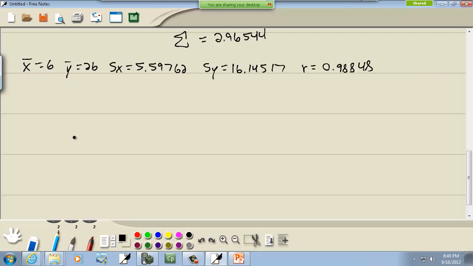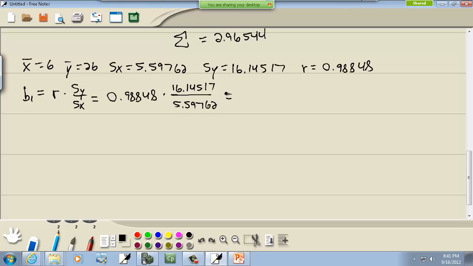Okay, so B1 equals R times S sub Y over S sub X. Well, R was 0.98848 times S sub Y, which was 16.14517, divided by S sub X, which is 5.59762.